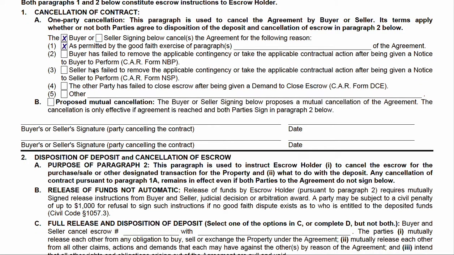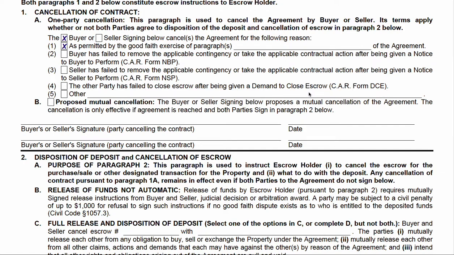Now, here are some different scenarios. I'll go through canceling rights for both parties. The buyer can cancel if they've asked the seller to do something, like deliver a disclosure or even close escrow. And if the seller doesn't do that, then the buyer can send a notice to perform or a demand to close escrow.